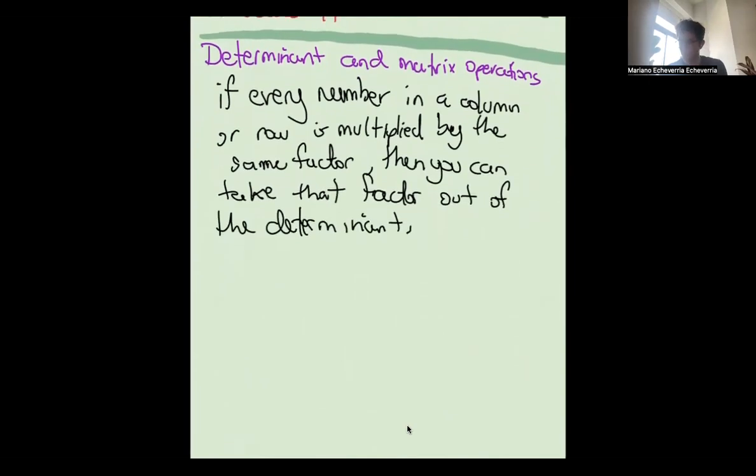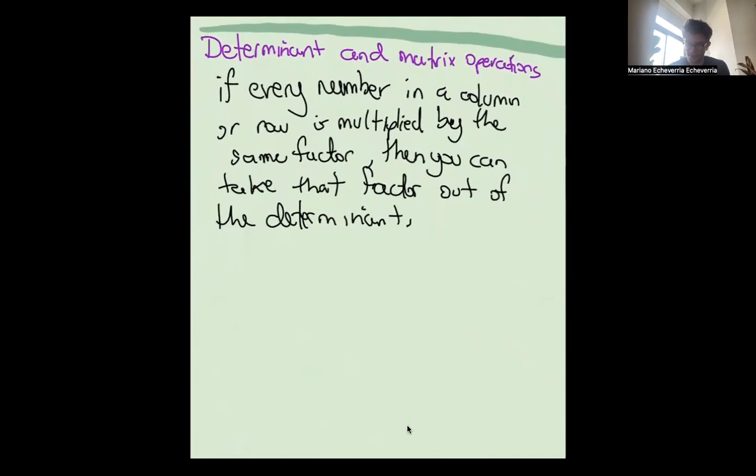Let me give you an idea of what I mean. Imagine that I wanted to compute the determinant of this 3 by 3 matrix.